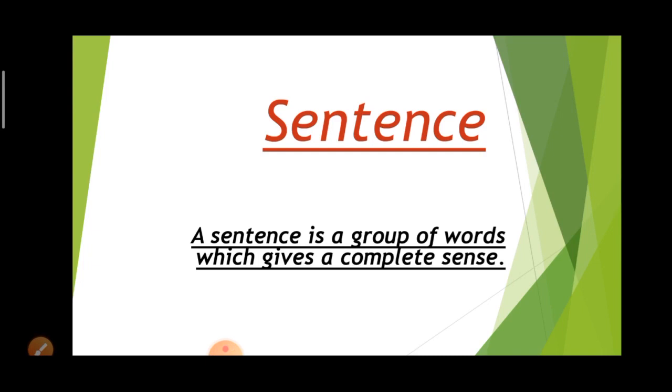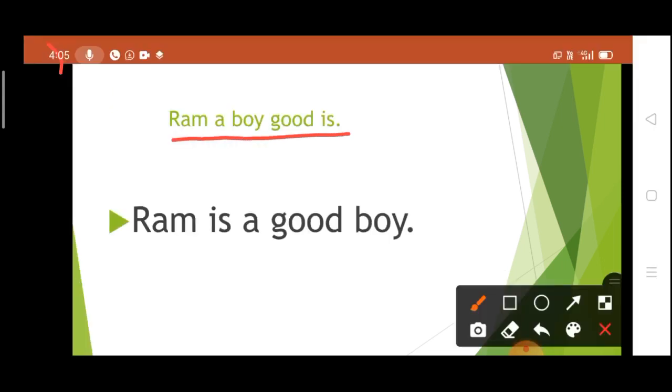In this video, we are going to learn what a sentence is and its types. As you know, a sentence is a group of words which gives a complete sense. "My God is." This is a group of words. But children, can you understand anything from it? No, we can't.